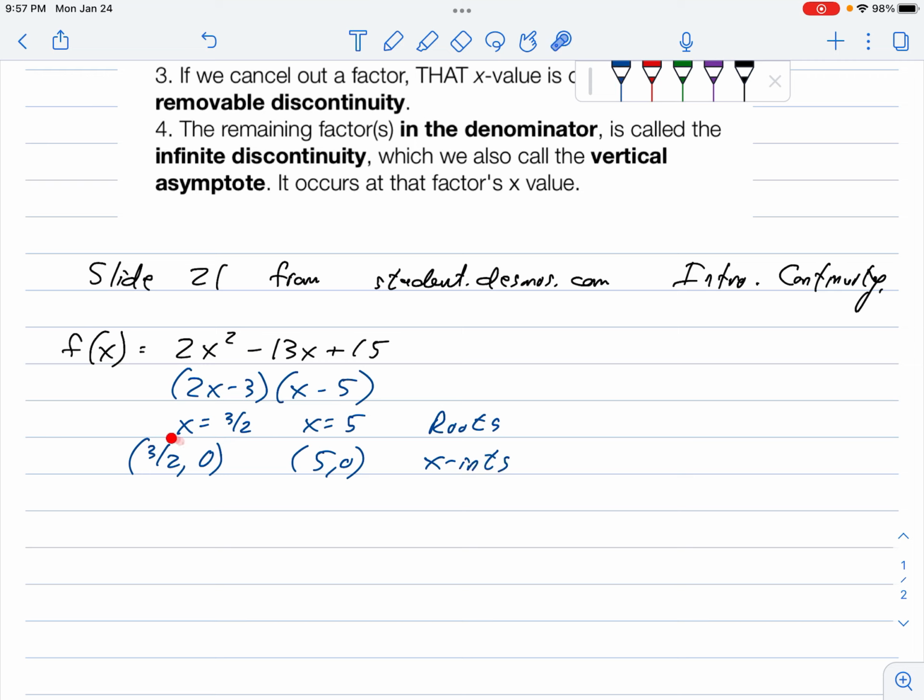Because this is the x value that will make that polynomial equal to 0. These are the x values that will result in 0. If I plug 5 in, I will get out 0. And that's the whole idea here, is when I make this equal to 0, like our test 1.3, everything was set equal to 0 because we had to factor and solve.